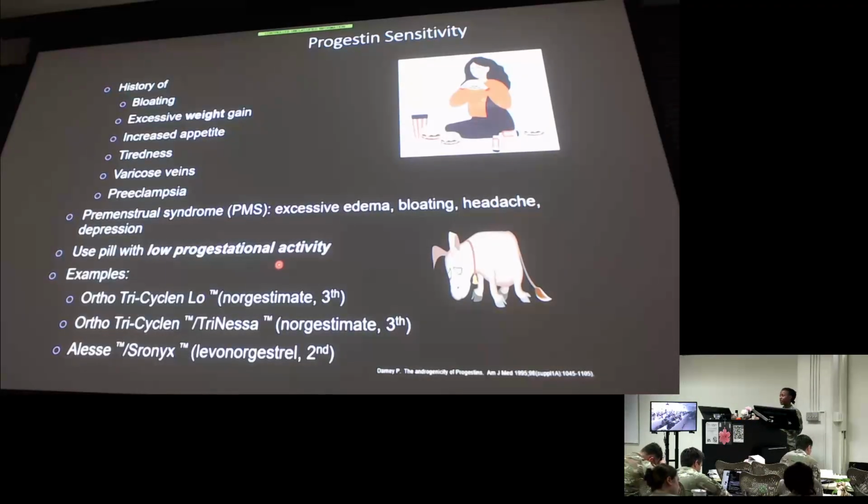So in this situation, ta-da, low progestational activity. You would go down the progestational activity column and find something that has a low level of progestational activity. If you look at some of these, your Ortho Tri-Cyclen Lo, things like that, you'll see that these have low levels.